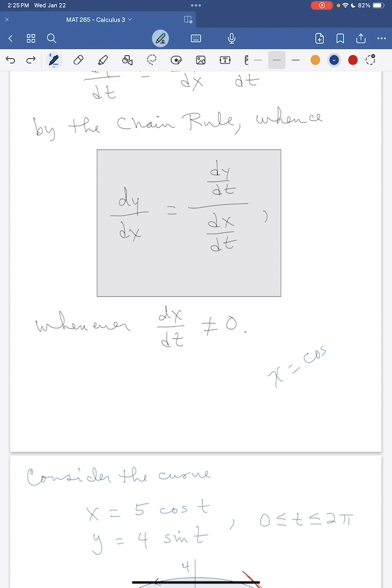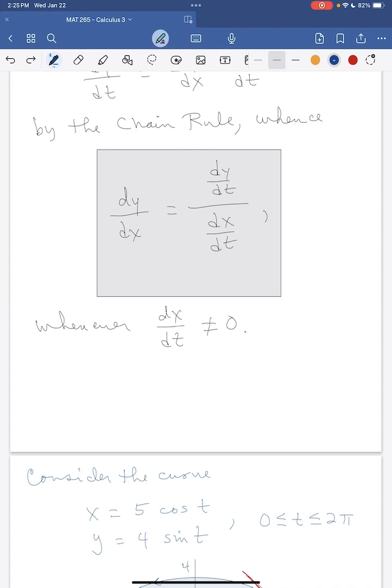And so just to understand what this curve gives us, just look at these numbers here. What it does in the x direction is sort of stretch the unit circle out by 5 in both directions away from the y-axis, and similarly for y with that multiplier of 4.